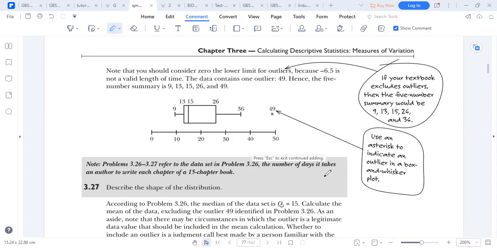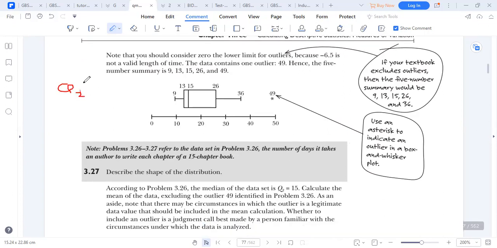Okay, so what can we tell about the shape of the distribution? So whenever Q2 is more than the mean, what does it mean? So in the problem above here, the median is 15.